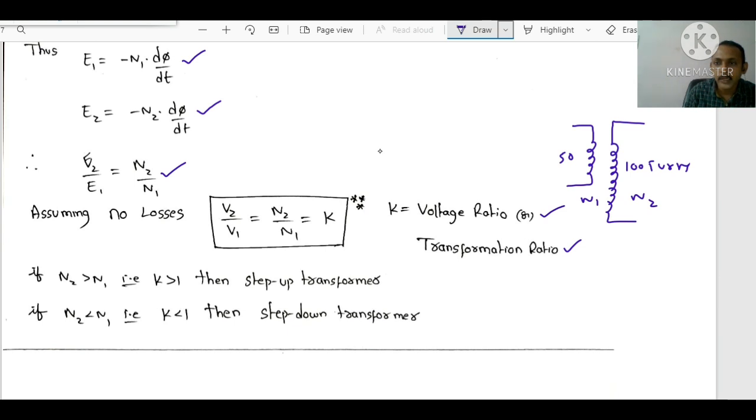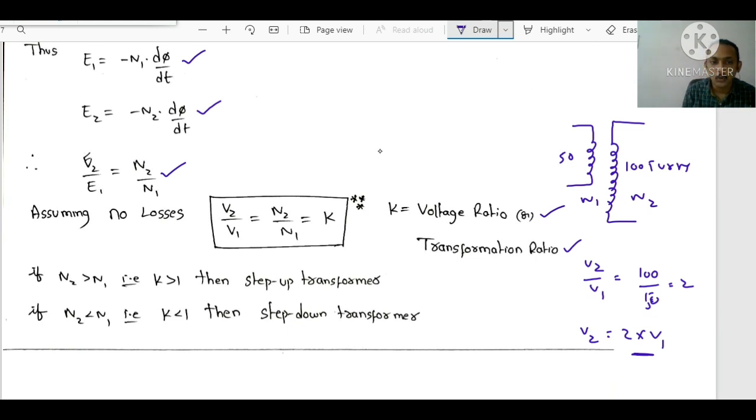So V2 by V1 equals N2 by N1, 100 by 50, which equals 2. Your secondary side voltage will be 2 times the primary voltage. So there will be a step up in the voltage. The voltage will rise in the secondary. Like that you have to understand.